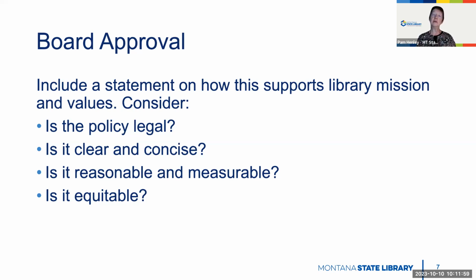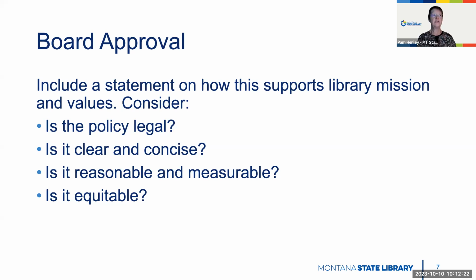The big thing, is it reasonable? Like, is it fair for everybody? And is it measurable? A good thing to think about on this is, if you are still a library that collects fines, and a lot of places have gone away with that, but if you still have fines, is it like, if you have an overdue book for 3 days, we're going to charge you 10 cents a day?